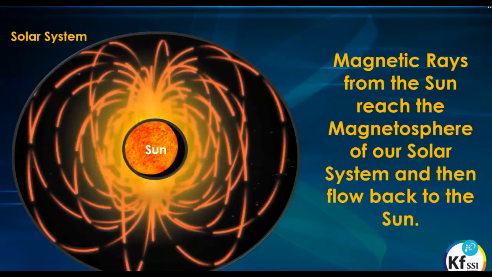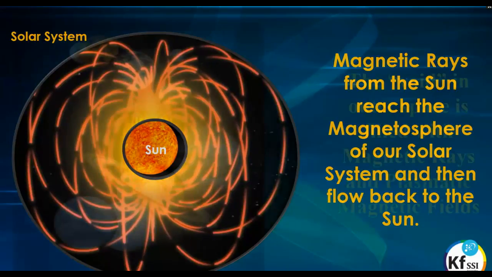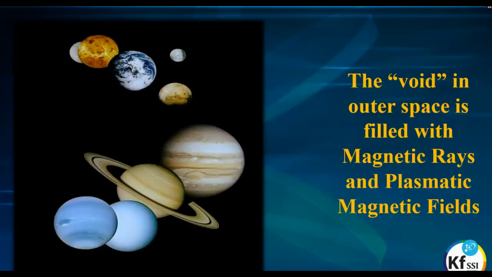But essentially, the magnetic rays are traveling from the central sun out and back in again. So the void in outer space is filled with these magnetic rays and plasmatic magnetic fields, which we will explain.